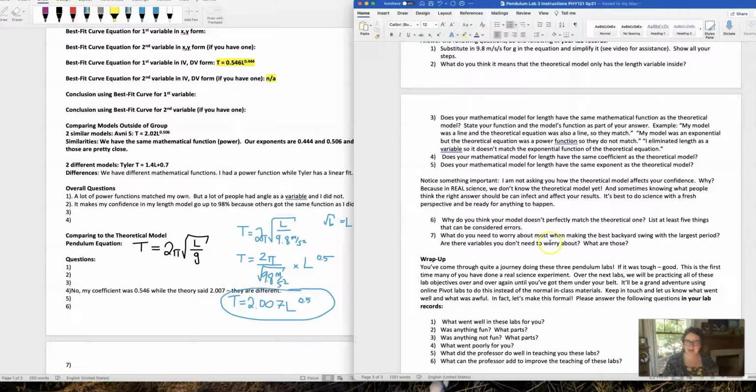And then also, if you're making the backyard swing that has the largest period, what variable do you need to worry about the most? So if you're making a swing, which of the variables to make that period change is the most important? And are there variables in your backyard swing you don't need to worry about? What are those?